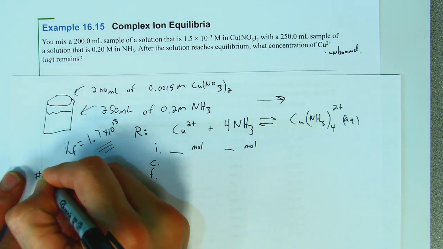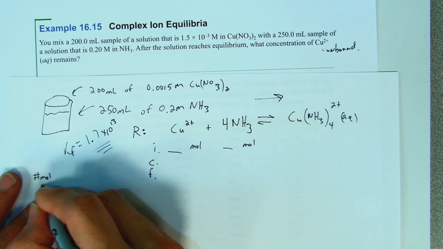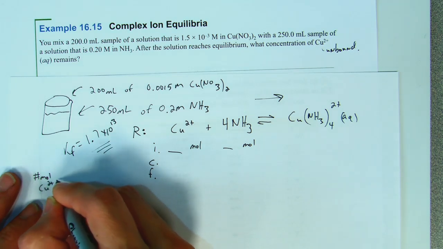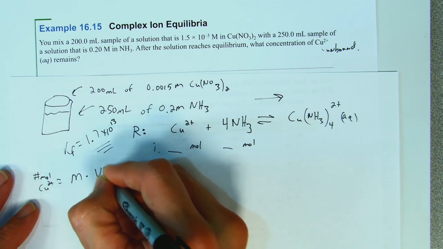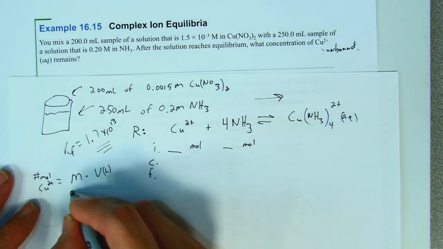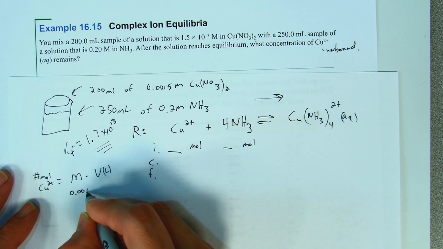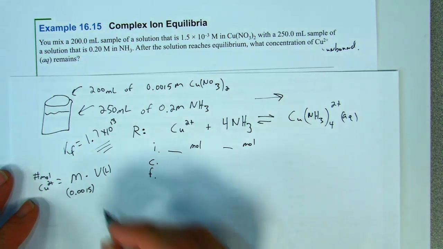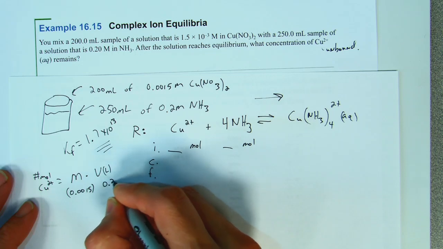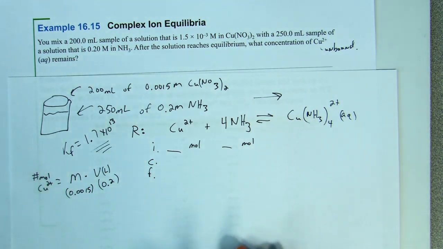So what I would do here is figure out how many moles of copper 2 plus I've got by multiplying my molarity times my volume in liters. Now I was told the molarity of this solution is 0.0015 in the problem, and it looks like I'm using 200 milliliters, which is 0.2 liters.